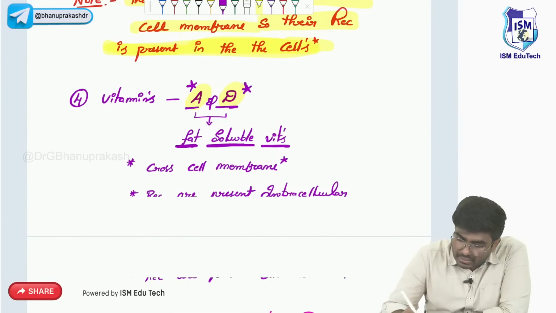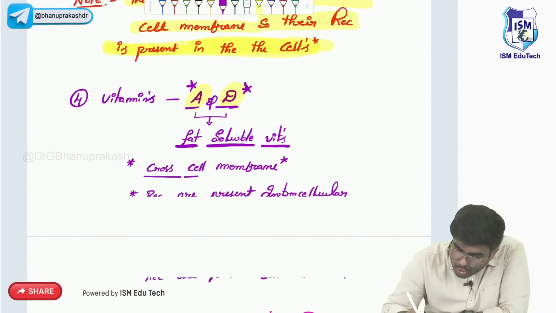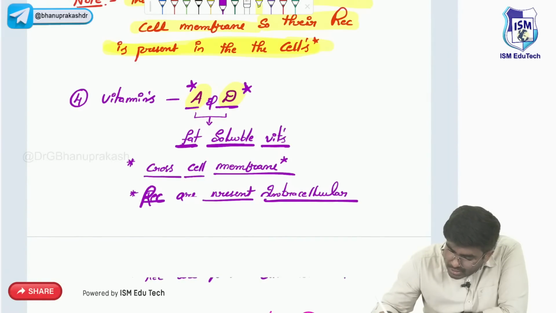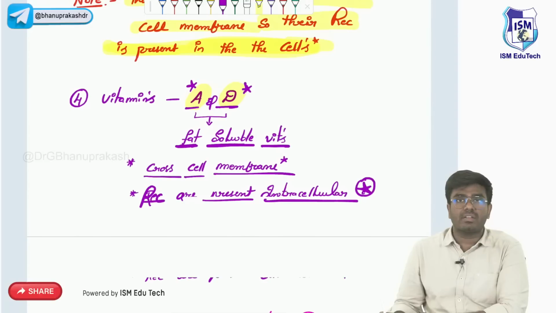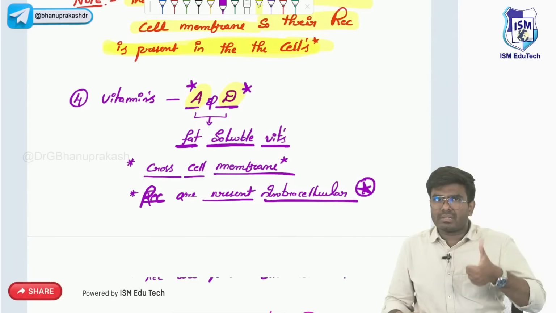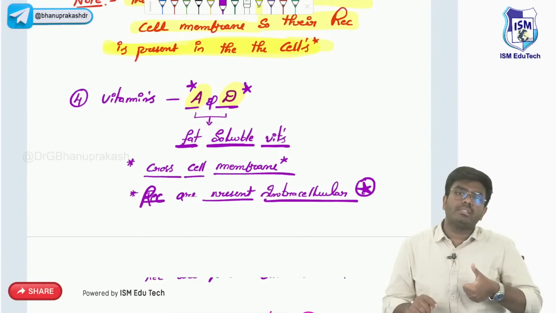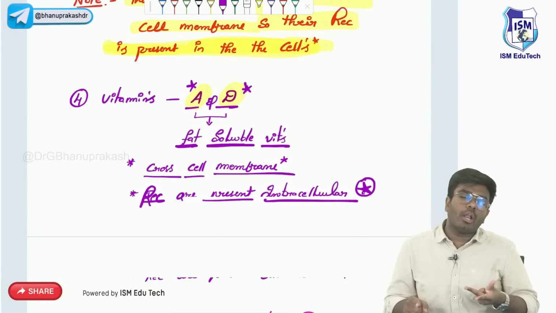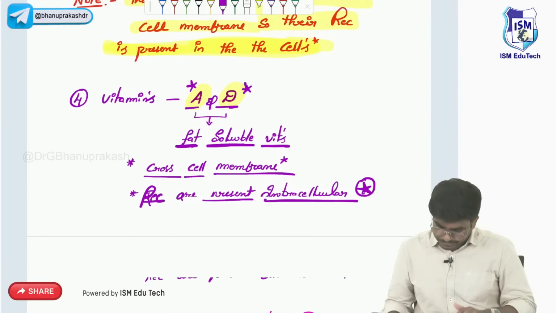Vitamin A and D can also cross the cell membrane. So their receptors are present intracellularly, not on the cell surface. So just to wind it up: intracellular receptors are present for sex steroids, cortisol, aldosterone, vitamin A, vitamin D.